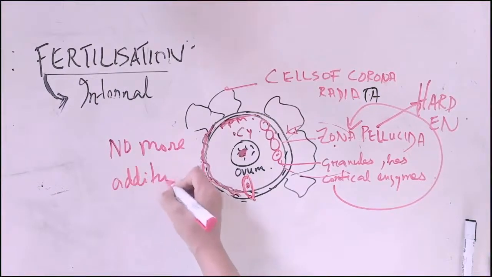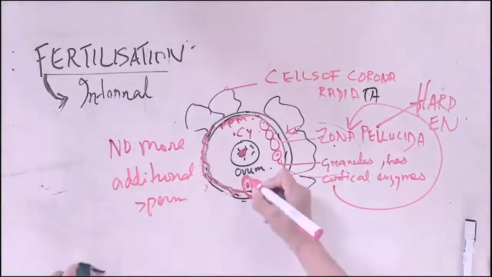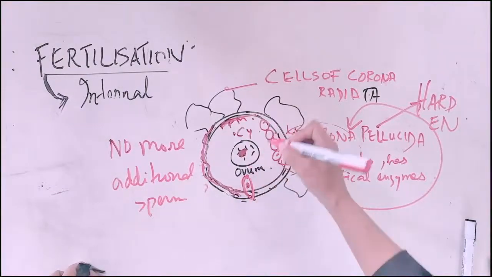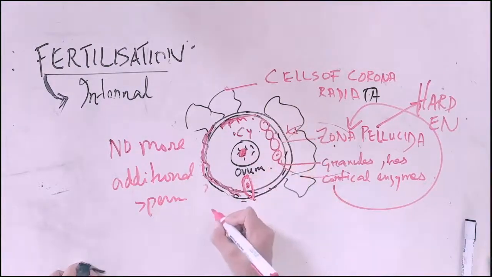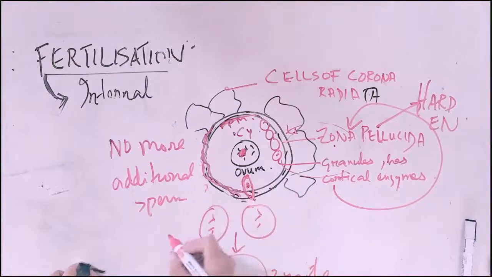additional sperms. So only one sperm enters, and then as I told you, now it will fertilize with the ovum, the nucleus and the nucleus with your chromosomes. They will fuse, and then it will form what? Zygote. Let's say the female nucleus, ovum.